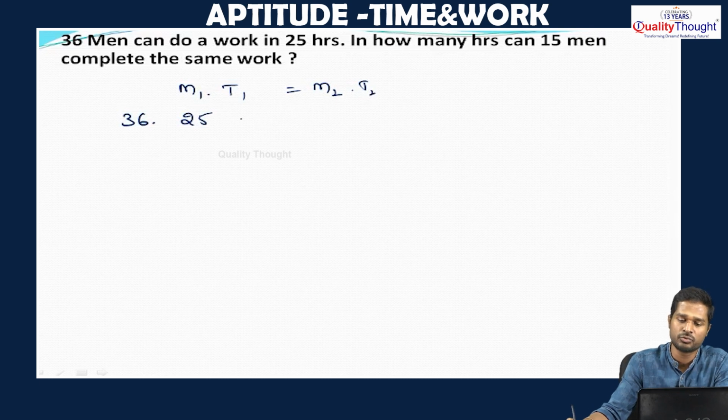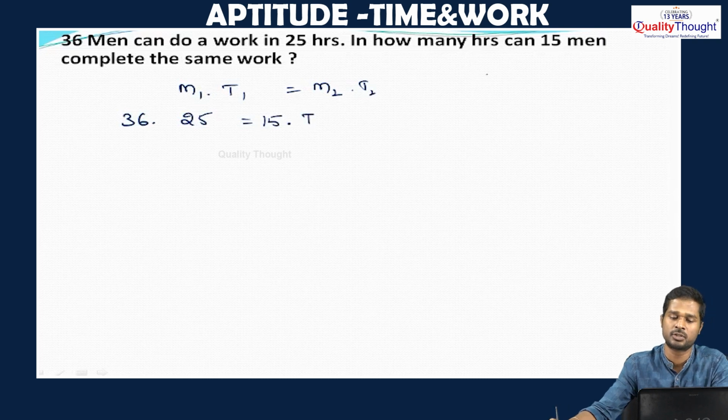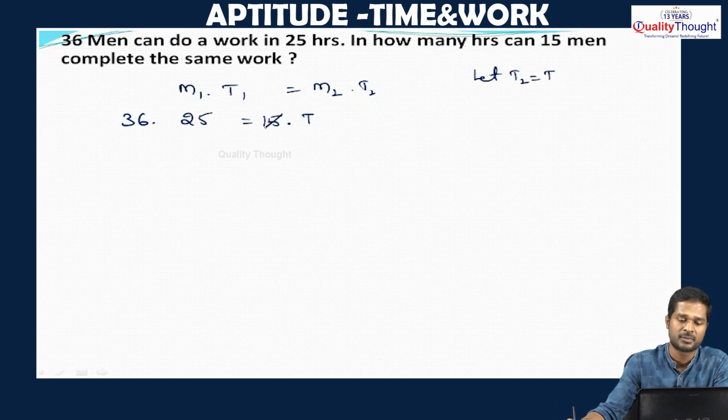So, 36 into 25 is equals to 15 men can complete a work in how many hours? I am taking it as T, let T2 is equals to T. Simplify that, 3 5s are 15, 3 12s are 36, 5 1s are 5, 5 5s are... So, T will be equals to 60 hours.